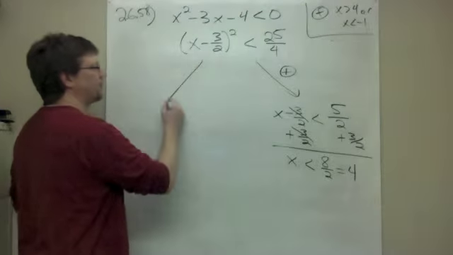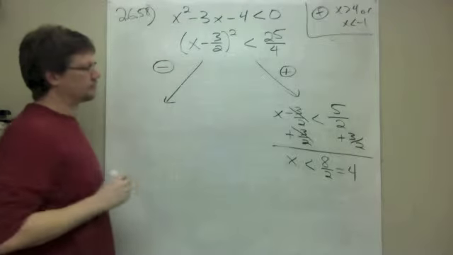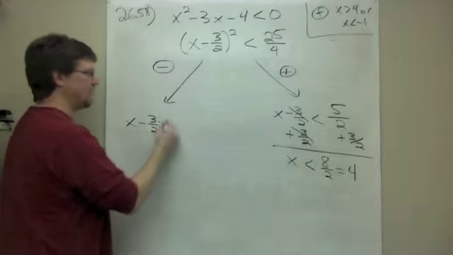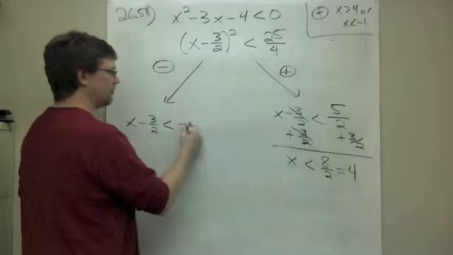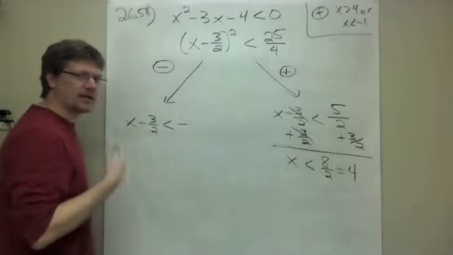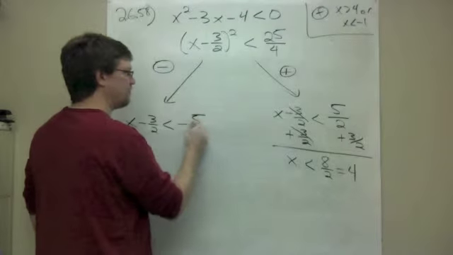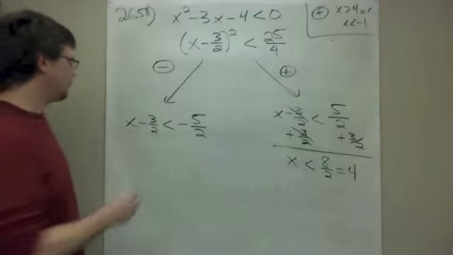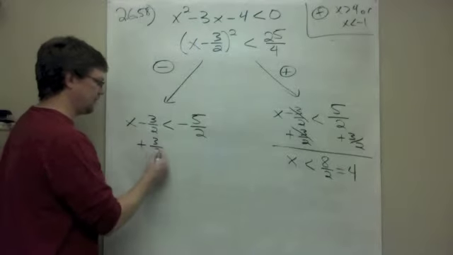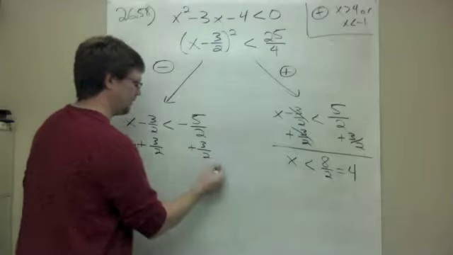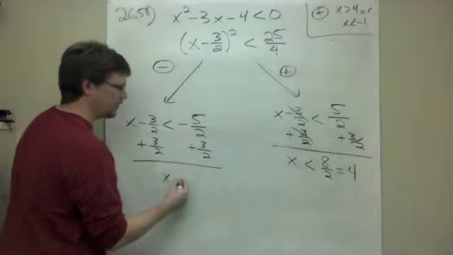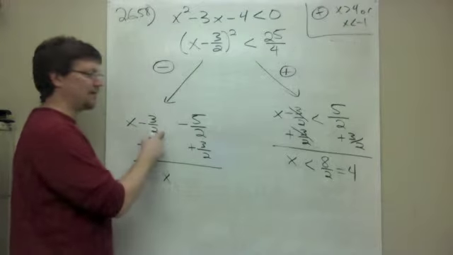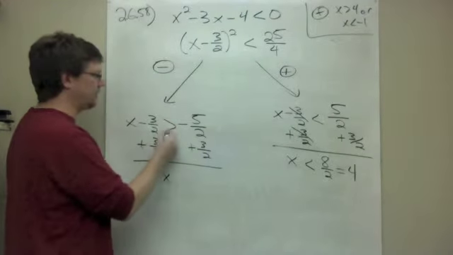On the negative, we have x minus 3 halves is less than the negative of the square root of 25 fourths. Again, the square root of 25 is 5, and the square root of 4 is 2. Now when I add the 3 halves to both sides, x is going to be, oops, that has to be greater than, right?